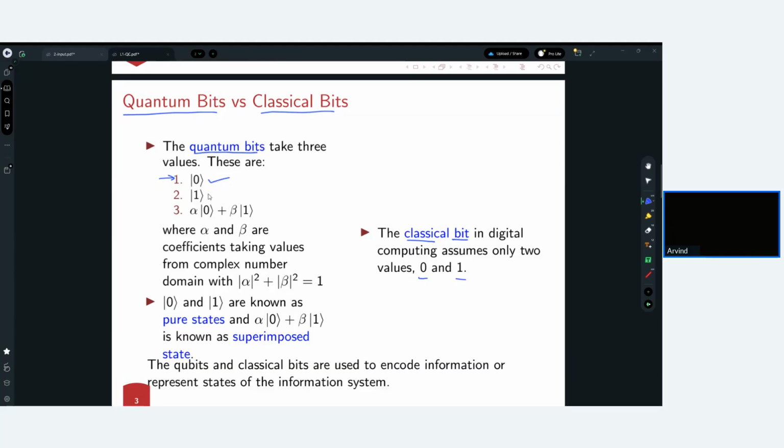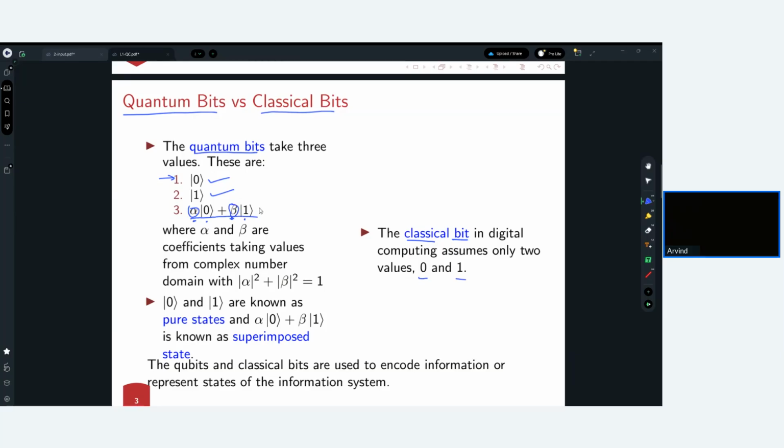The second value that a quantum bit takes is qubit 1, and the third value that a quantum bit takes is a function of two different qubits. First is qubit 0 and qubit 1, and qubit 0 and qubit 1 have two coefficients associated with them. We are calling them alpha and beta.